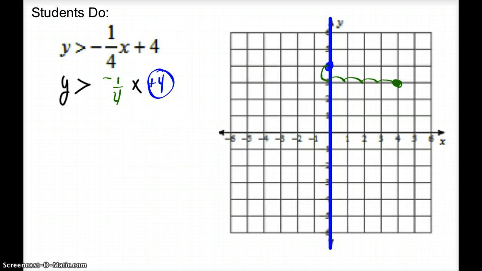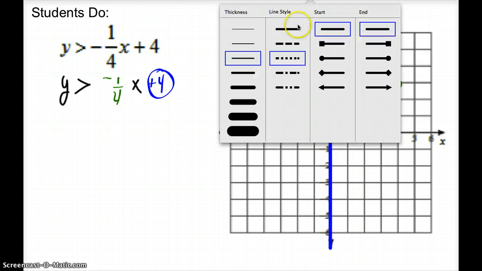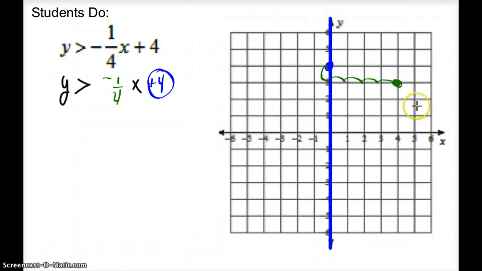So I'm going to make my line dotted from here to there, and I'm going to shade up. So pick a point, I don't know, here looks good, I'm going to go up. There you go, shade this part, this half, the top portion.